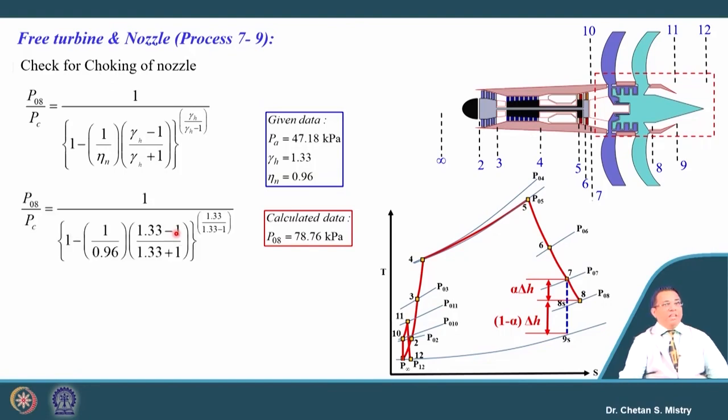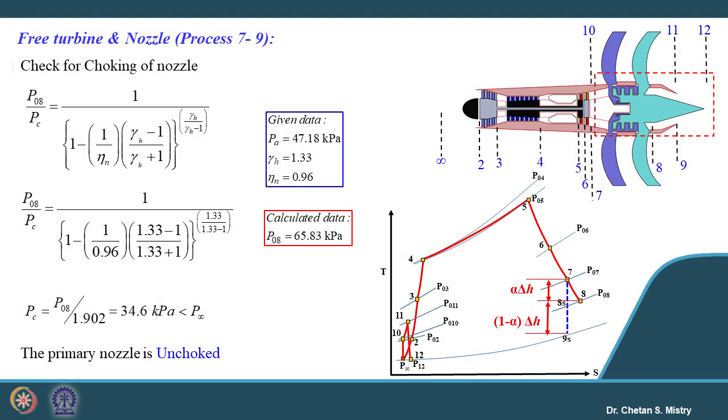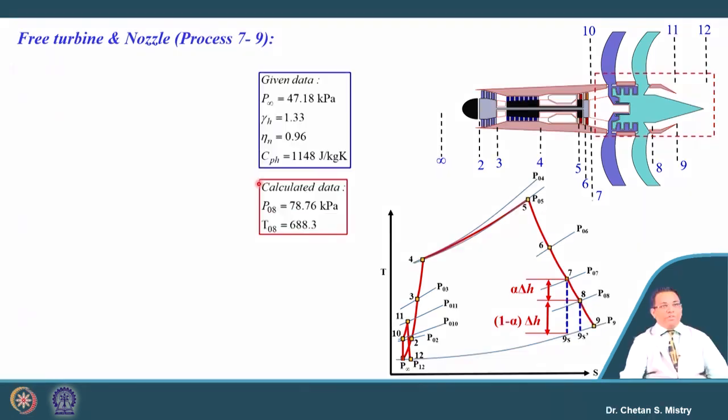We have information in terms of nozzle efficiency, that is 96%, and the gamma value is 1.33. If we calculate that, the pressure that comes is lower than our atmospheric pressure, it is say 47.18. So, you can understand this is an unchoked nozzle. If this is an unchoked nozzle, then my outlet pressure will be my atmospheric pressure.